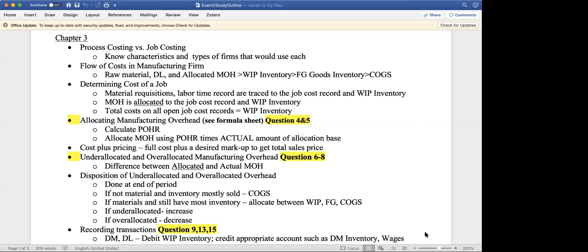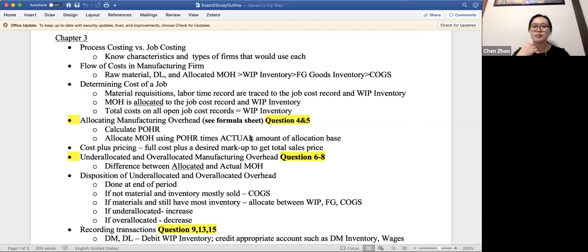Memory serves, process costing is for when you're doing a lot of the same process, job for unique and different. Yep. Process costing is mass production of the same products, not very customized.